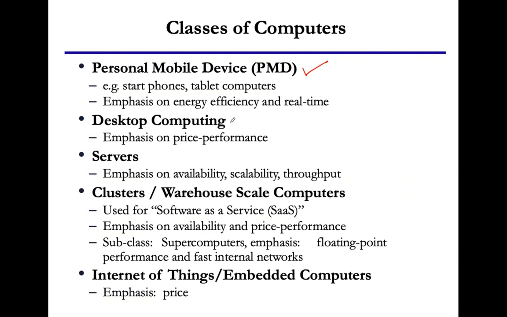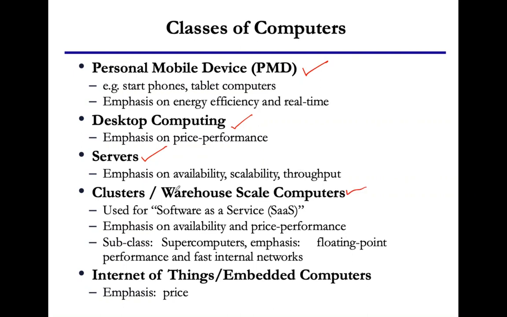And the second one is desktop computing, which emphasizes price performance. Then the servers, which emphasize availability, scalability, and throughput. Then clusters and warehouse computers.